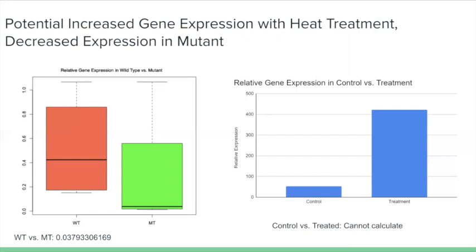However, we only had one out of three samples that returned a value from our analysis. So we cannot conduct a t-test, which means that we cannot conclude whether or not this difference is statistically significant. So although it appears that there's a difference in the level of expression, we have nothing to say that definitively.